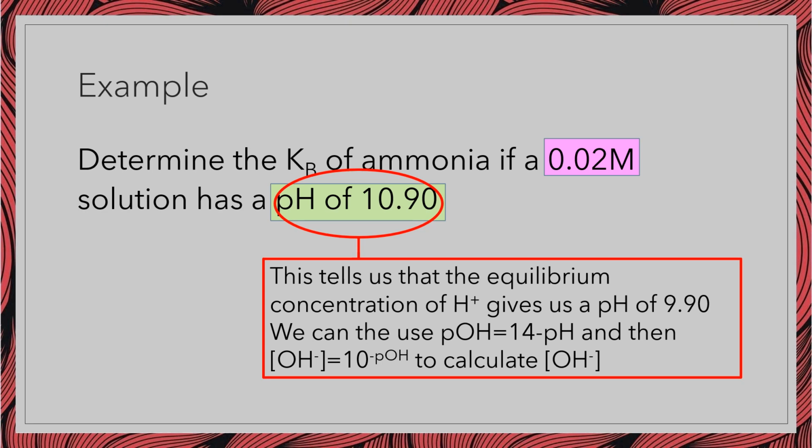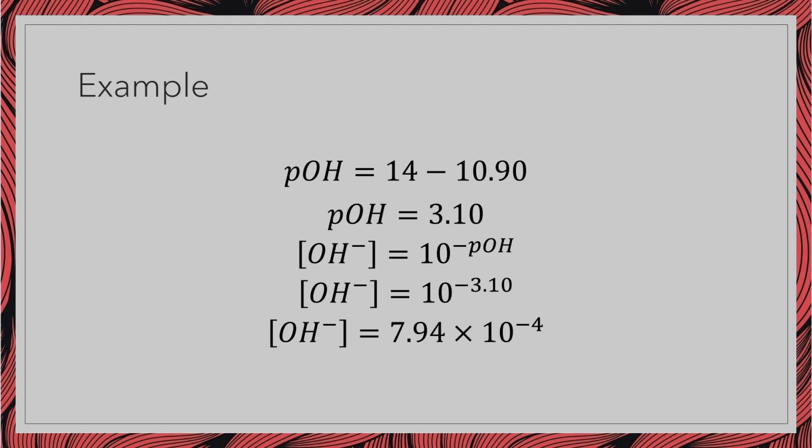Sorry, there's a typo there. It should be 10.9, not 9.9. And then we use hydroxide ion concentration equals 10 to the negative pOH to calculate OH-, which gives us 3.1. 10 to the negative 3.1 is 7.94 times 10 to the negative 4.